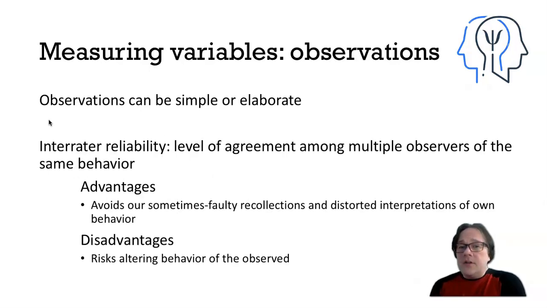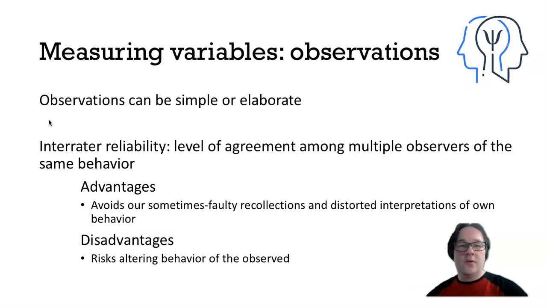Another way we can measure variables is through observations. So observations can be pretty simple, just counting the number of times somebody touches their face. Or they could be much more elaborate, where we actually have to define what it means for somebody to do this behavior that we're looking at, right? So I'll give you a quick example.